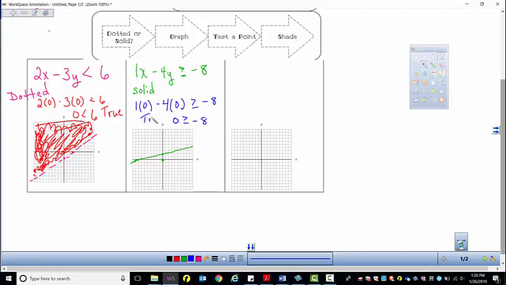It's actually true. Remember, 0 is bigger than negatives. So will I shade above this line or below this line? Well, my test point is below, and it was true, so it means I'm going to shade below the line. So my answers are all this stuff, which really goes on forever.